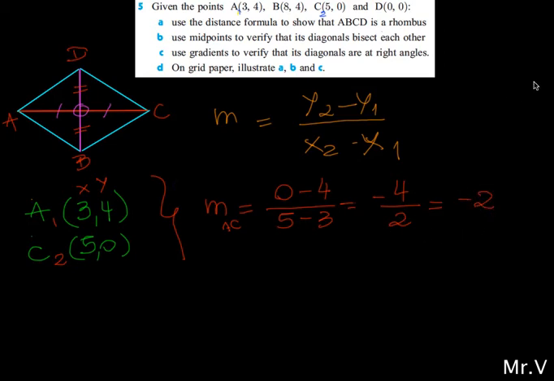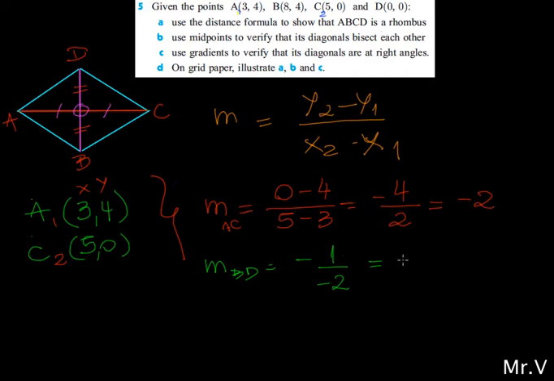So the slope that is perpendicular to AC should be equal to the negative reciprocal. So I'm going to try to find if the slope of BD is equal to the reciprocal and negative. So the negative reciprocal, that's 1 over negative 2, that's the reciprocal.